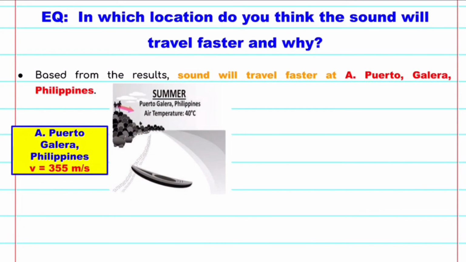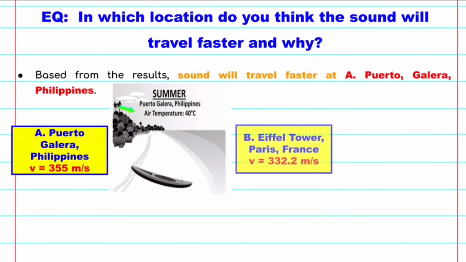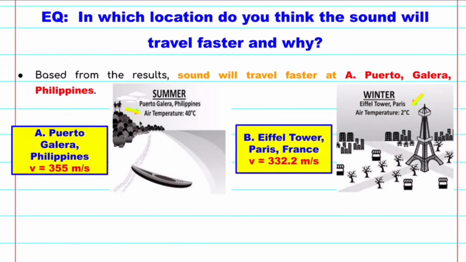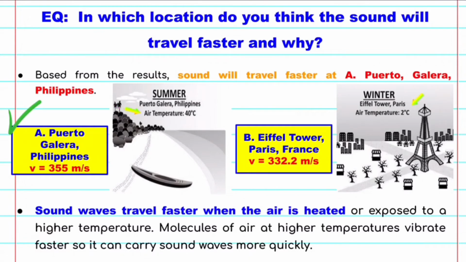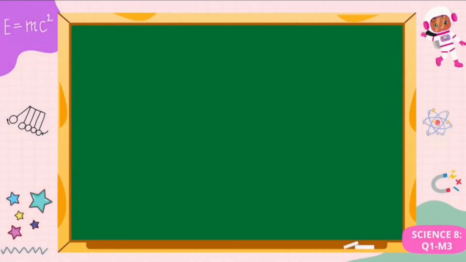Here we have A, Puerto Galera, with the speed of sound of 355 meters per second, and B, Eiffel Tower, with the speed of sound of 332.2 meters per second. Sound waves travel faster when the air is heated or exposed to a higher temperature. Molecules of air at higher temperatures vibrate faster, so they can carry sound waves more quickly.